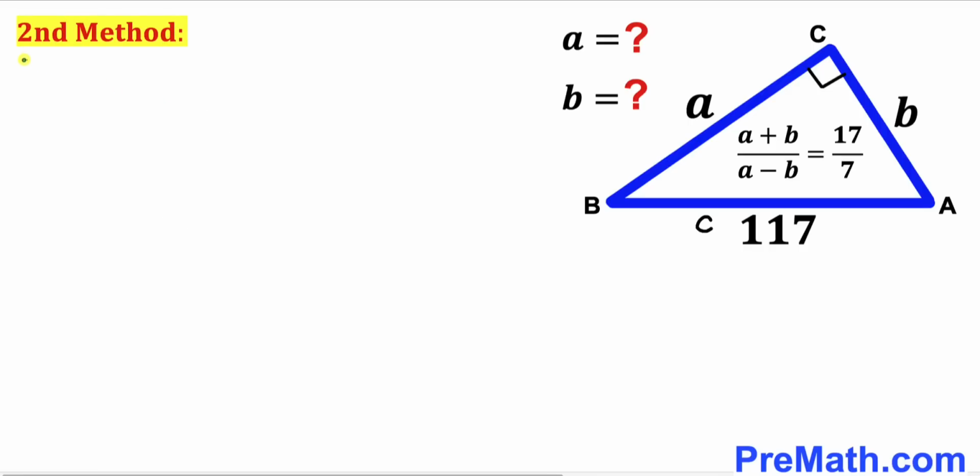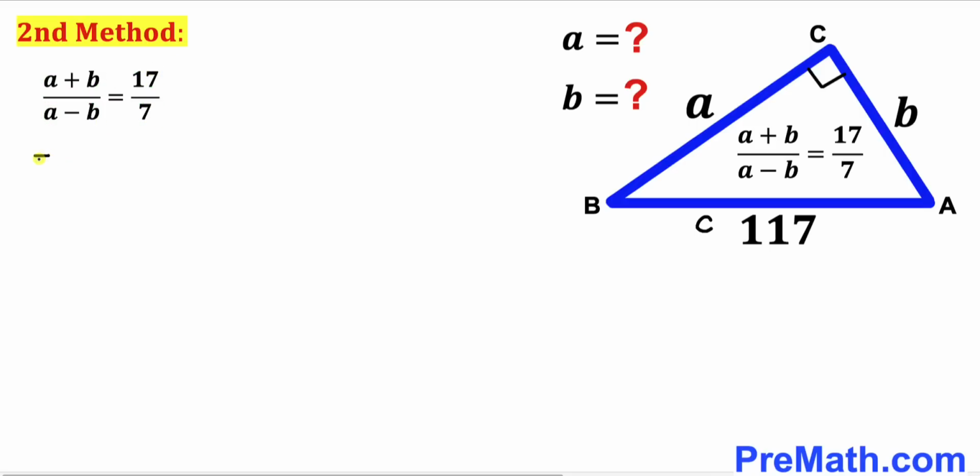And here's our second method. Let's recall the proportion that has been given to us once again. The ratio of (a plus b) and (a minus b) equals the ratio of 17 and 7.